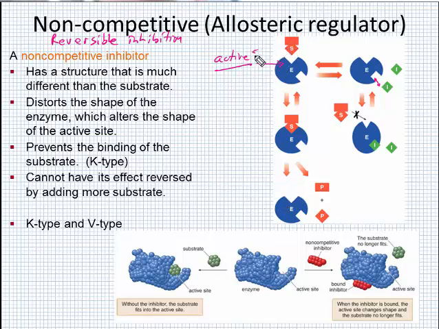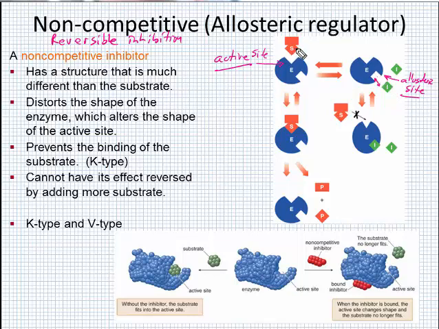So here we have the active site. Here we have the allosteric site, which just means other site, some site other than the active site. What this means is the inhibitor doesn't have to look like the substrate.